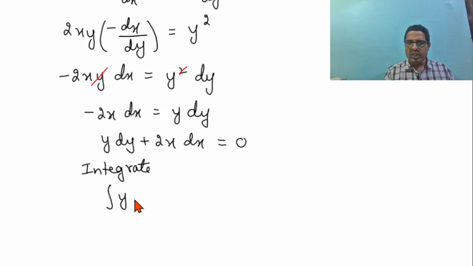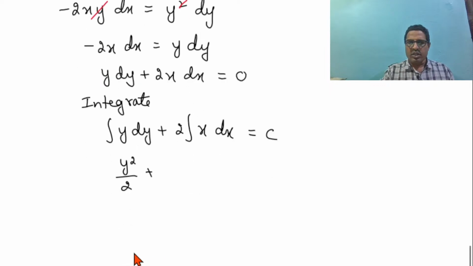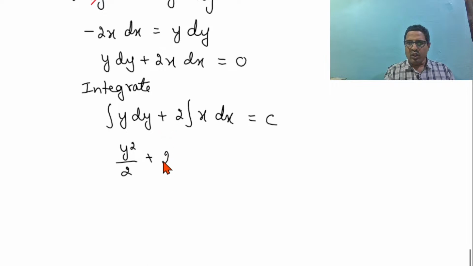So it is the integral of y dy plus 2, a constant outside, times the integral of x dx, is equal to some constant of integration c. Integration of y is y square by 2, plus 2 into x square by 2, is equal to c.